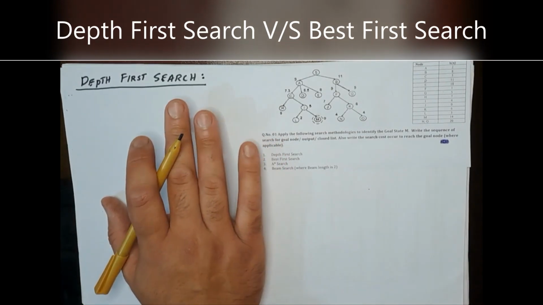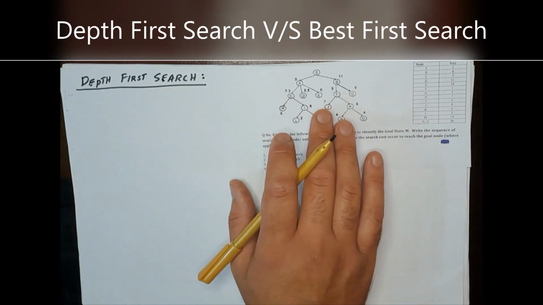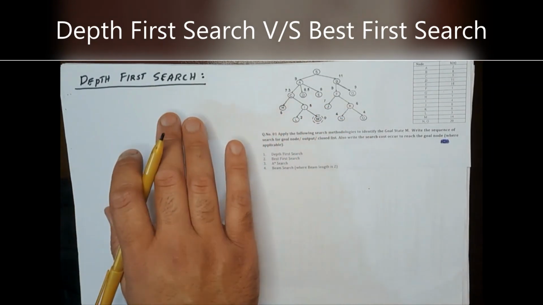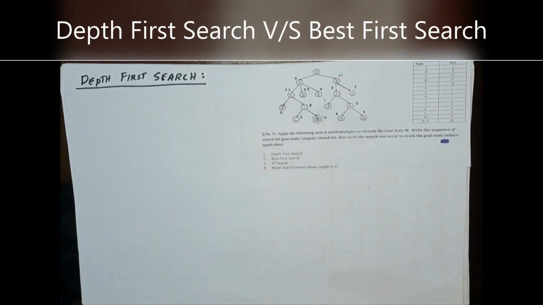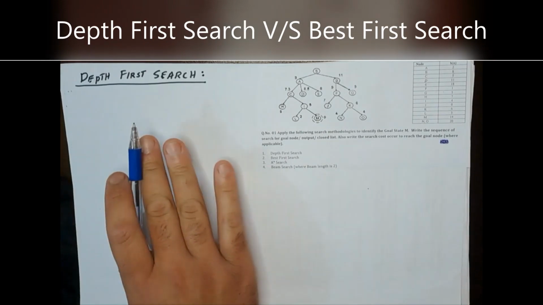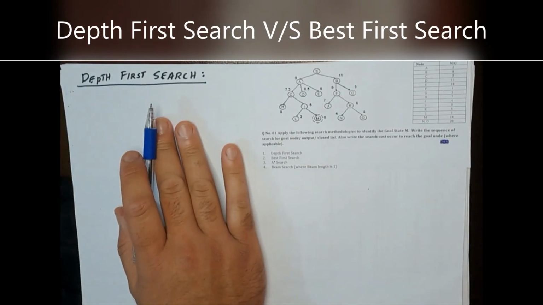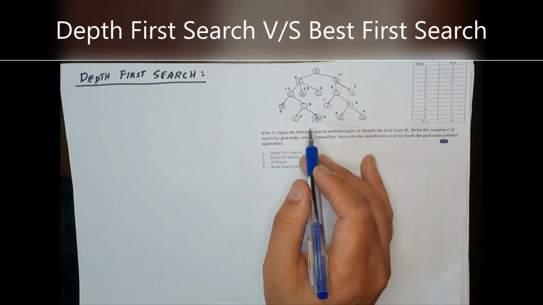But here I will tell you how you can apply this algorithm over this structure and what you can get from it. Depth first search is a searching technique that is also called brute force search or uninformed search. It means in the case of this technique we are not provided with any information whatsoever about our path, about nodes that lead us to the goal node.